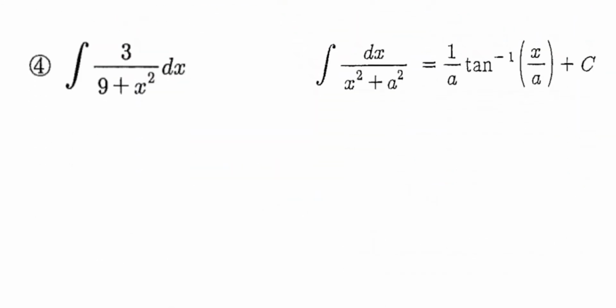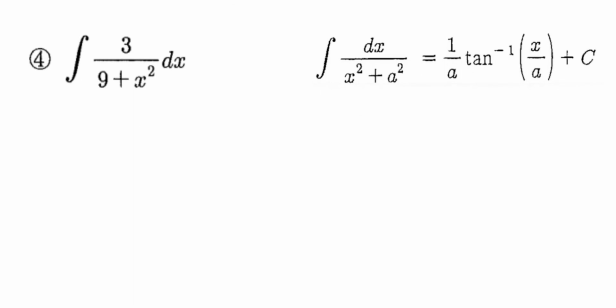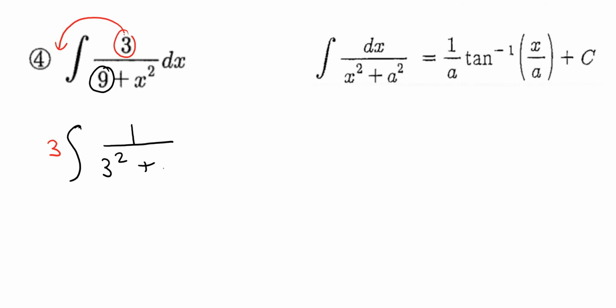Okay, let's move on to question number 4. All right, so for question number 4, a little bit of work here. Let's start off with the 3 here. Let's just move that to the outside. So it'll be 3 times the antiderivative of 1 over, now this 3, I can represent the 3 as 3 to the power of 2, plus x squared times dx.